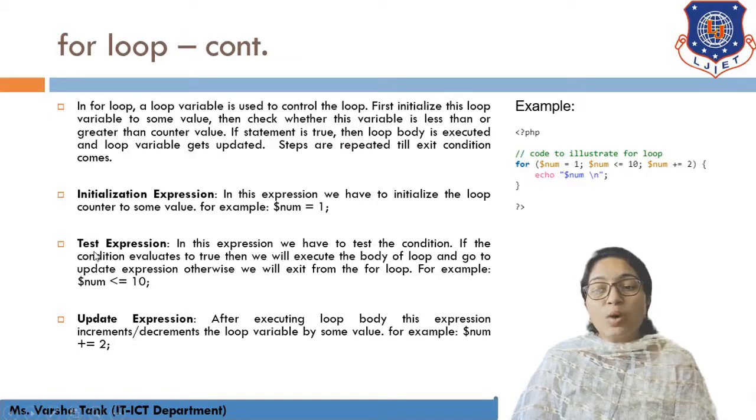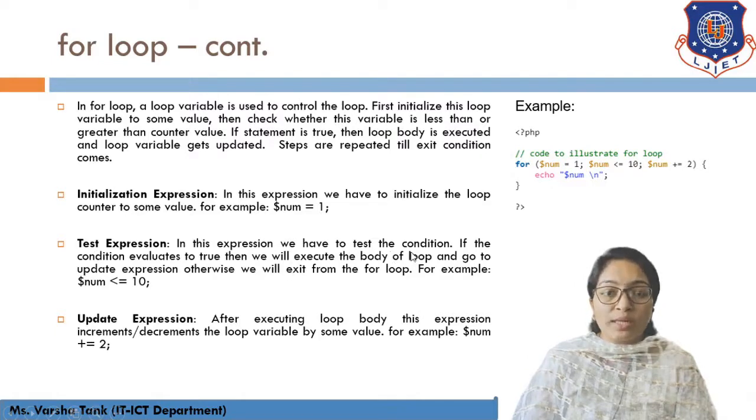Next is the test expression. In this expression, we have to test the condition. If the condition evaluates to true, then we will execute the body of the loop, and if the condition is false, we will not execute the body of the loop. For example, here it is given $number <= 10.